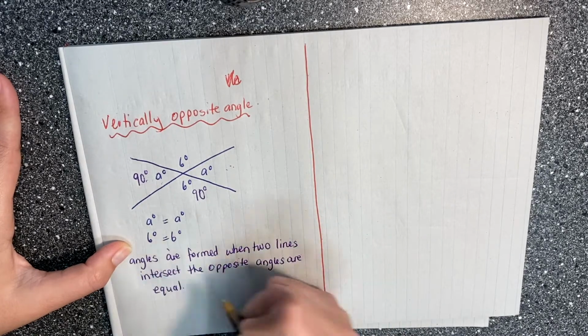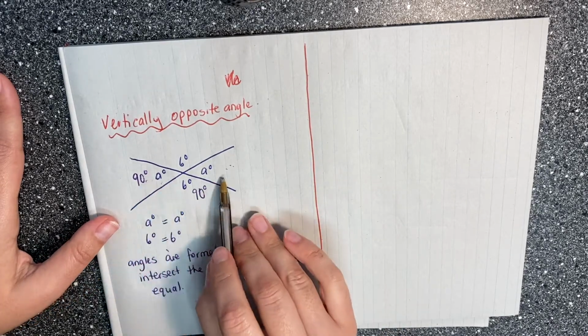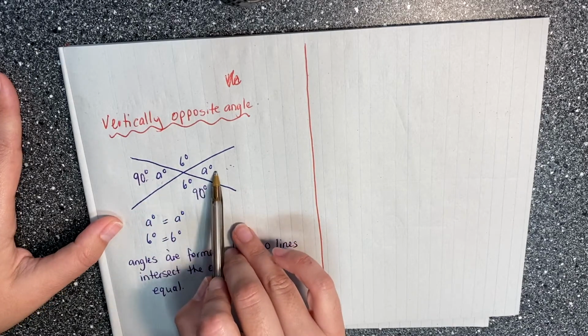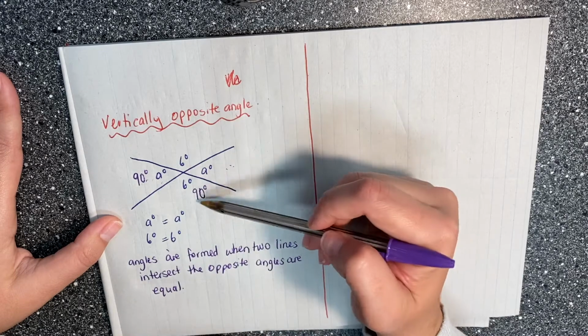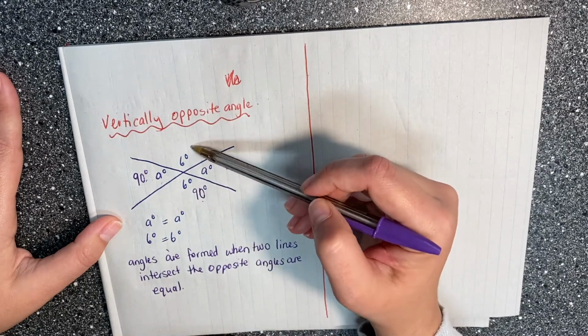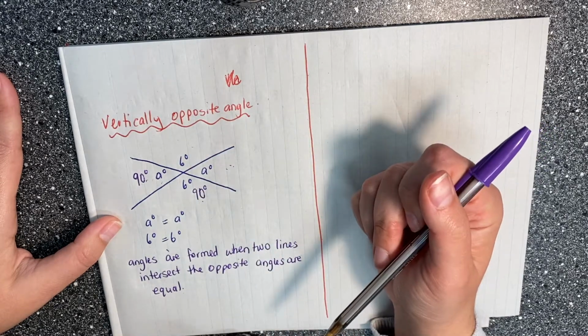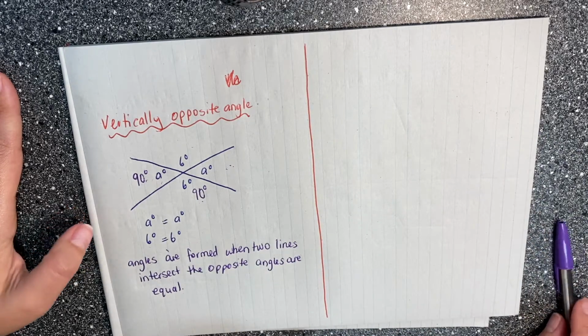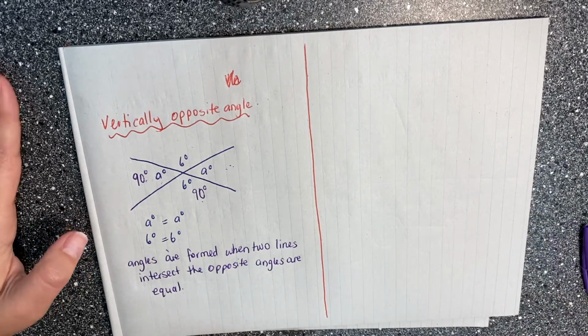So when they're vertically opposite, in the case of A and B, this means that if A is 90 degrees, that A on the other side is also going to be 90 degrees. And if B here is 90 degrees, B here is also going to be 90 degrees. Make sure that you write these names down so that you don't forget them.